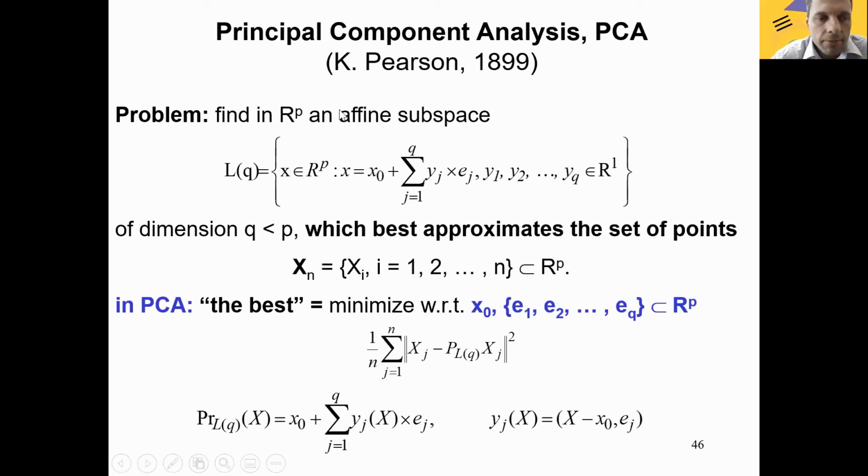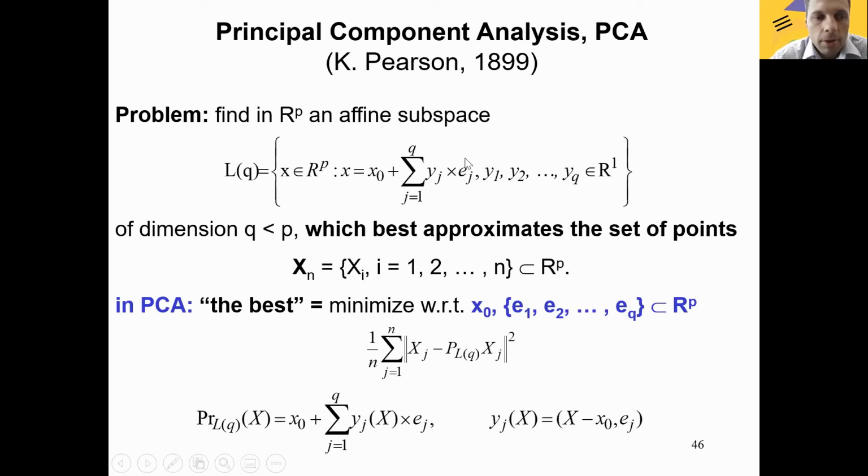So in case of PCA, we model any multidimensional vector x as a linear combination of some principal components E sub j. These are basis vectors in the initial p-dimensional space, and we consider its linear combination to represent the initial vector x.